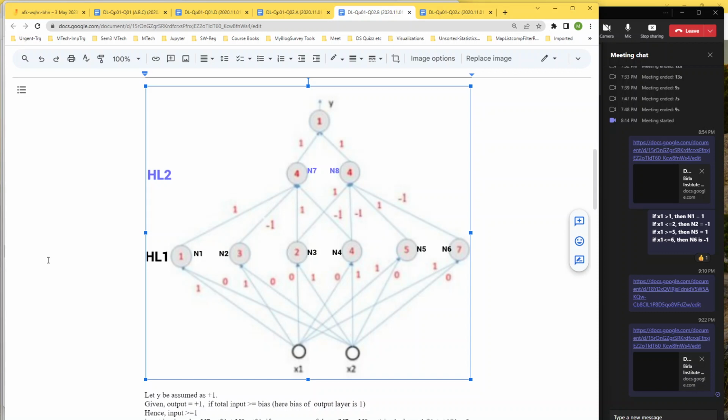We need N1 as 1 and N2 as -1, so that we get 2, and N3 as +1 and N4 as -1, so that at least it will become 4, so that total input is equal to bias. So N1 is +1, N2 is -1, N3 is +1, N4 is -1.